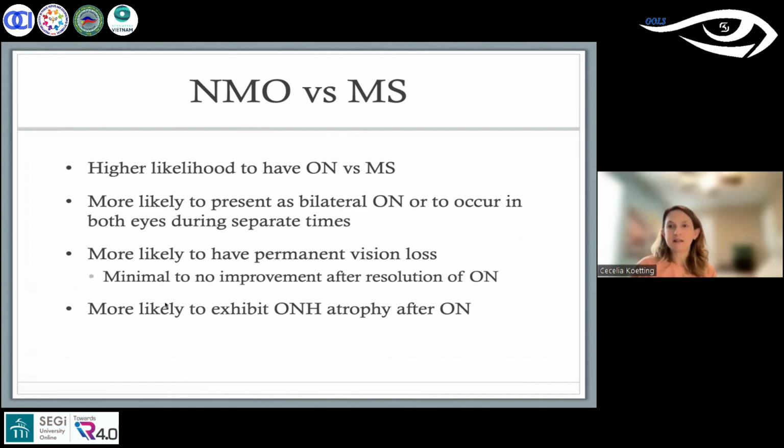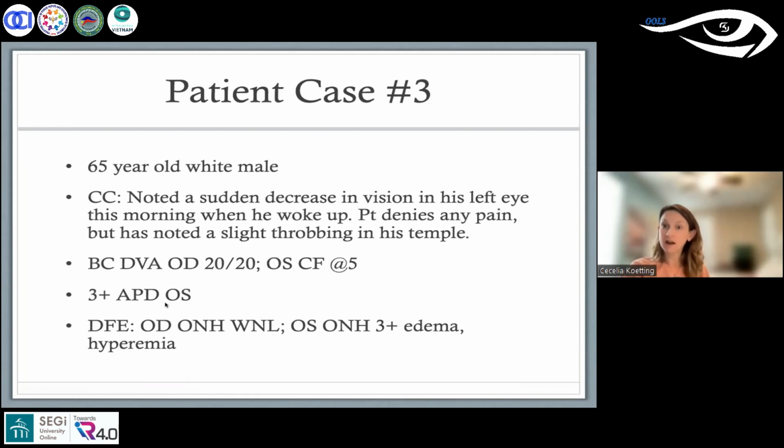But it typically tends to affect the spinal cord, or the spinal column itself, and your visual system more than peripheral system that we can get with MS. Again, already talked about kind of through these that they're more likely to have bilateral and more permanent vision loss, as well as more likely that they're going to show optic atrophy, optic nerve head atrophy after having optic neuritis.